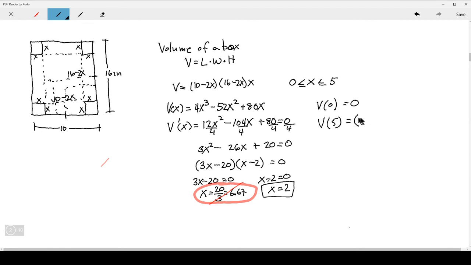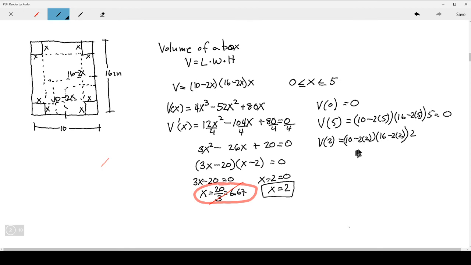If I put 5 in here, I have 10 minus 2 times 5, which is going to give me 0 also. 16 minus 2 times 5 times 5, and that's also going to be 0. So that works out. V of 2: if I plug that in, I have 10 minus 2 times 2, and 16 minus 2 times 2 times 2.